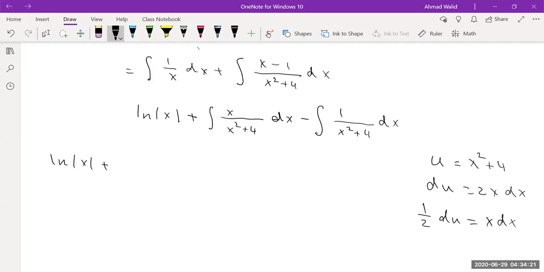Then I'll use here the substitution plus the integral of 1 over u. Instead of x dx, you are adding 1/2 of du, plus the integral of 1 over (x squared plus 4), based on the formula that I put for you. You can easily find this integral.